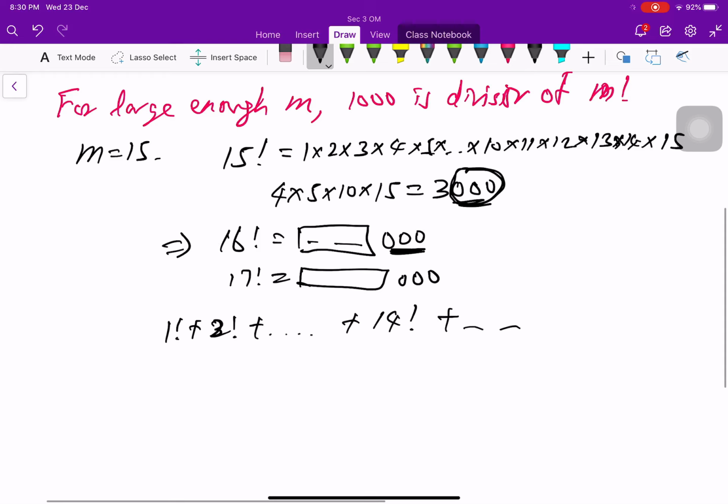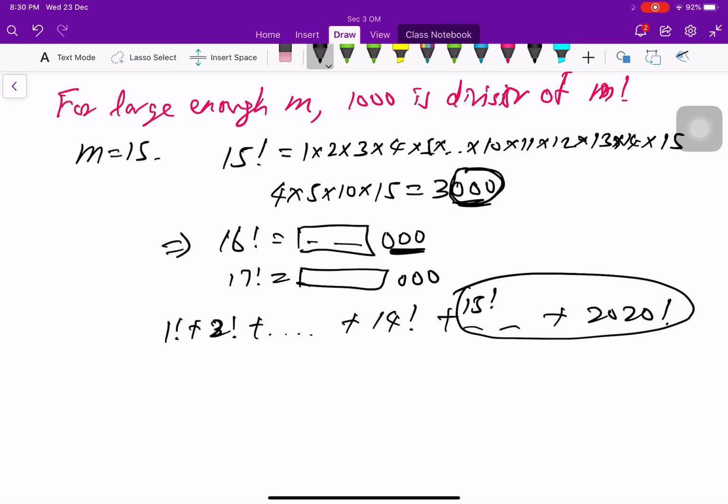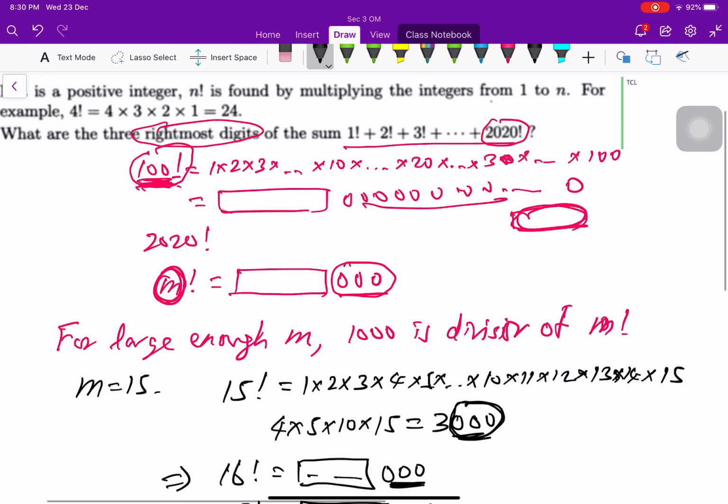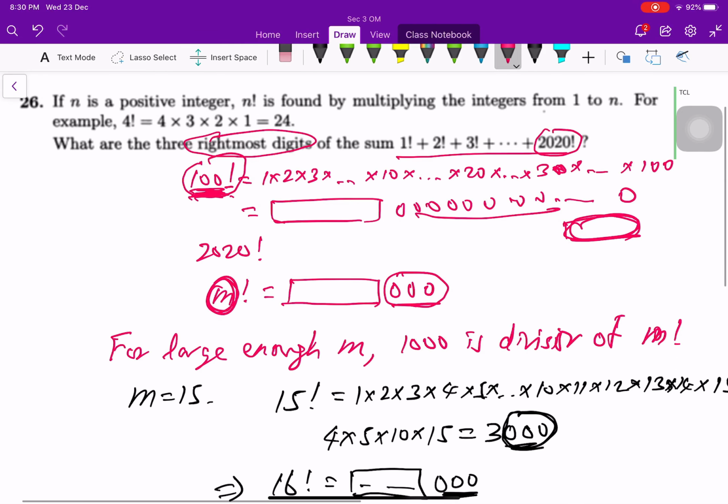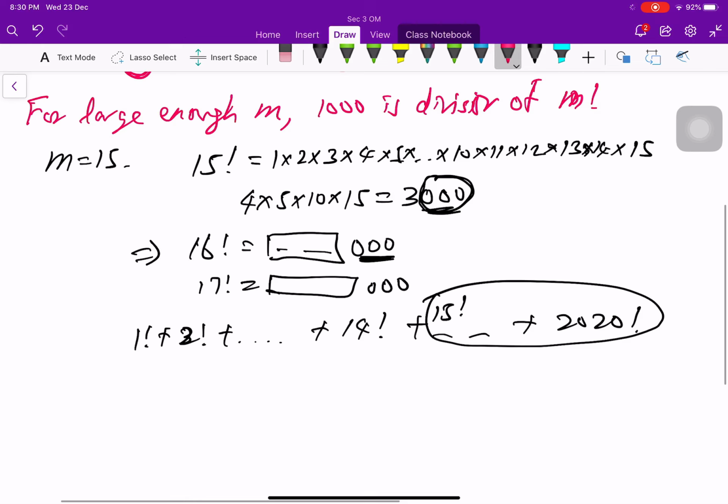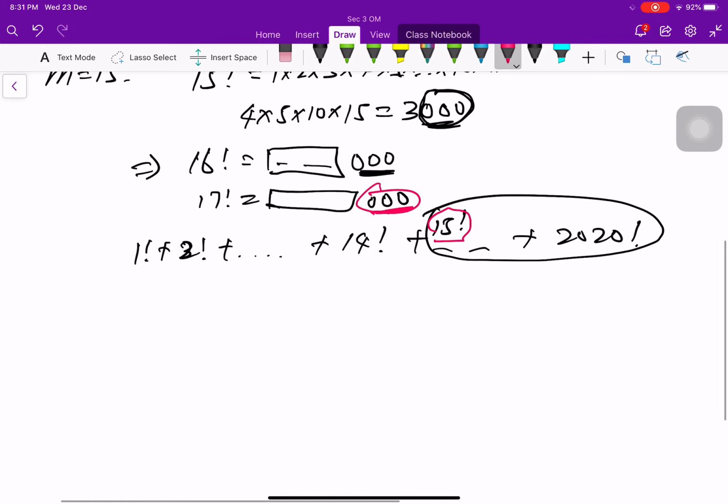I don't need to go all the way to 2020 factorial. Because from 15 factorial onward, I don't need to consider them, because the question only wants us to find the 3 rightmost digits. That means basically they want you to find the last 3 digits, right? But if from 15 factorial onwards the last 3 digits are always 0 0 0, I don't need to consider them, right? Therefore, in this case, very simple.